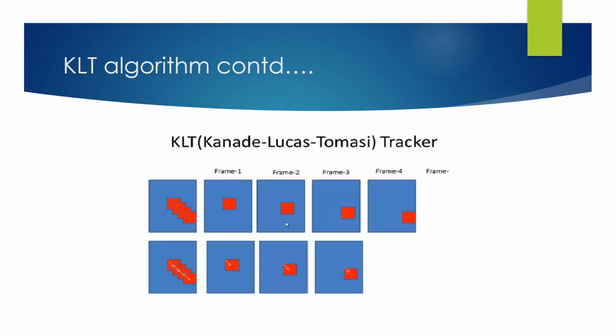The same thing happened with frame 3, which moved even further towards the right, and the process continues until all the images in the sequence are over. As you can see here, the leftmost image represents the total tracking of the tracking point over the image sequence.